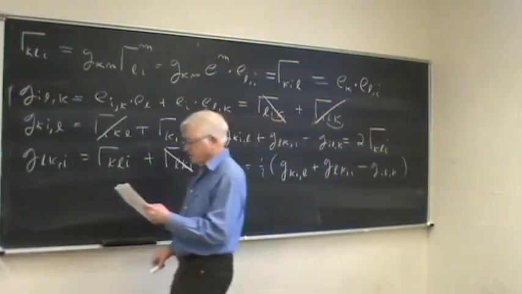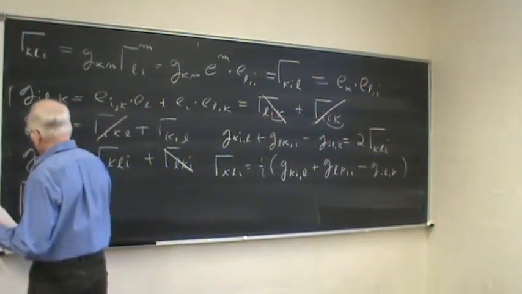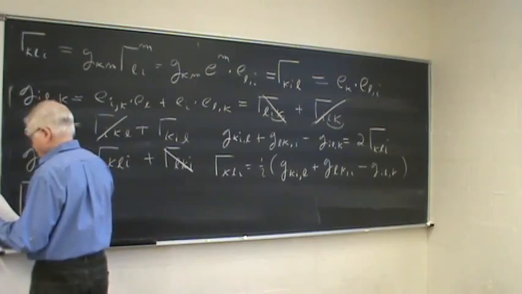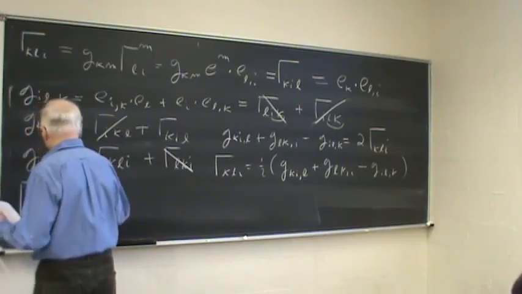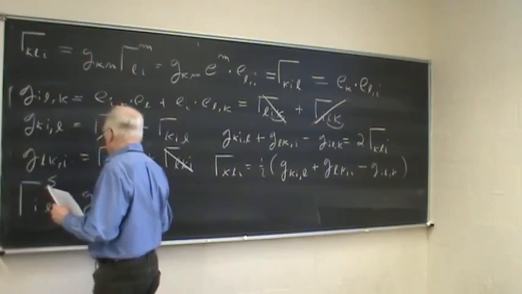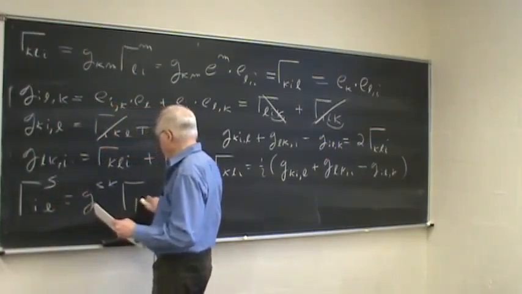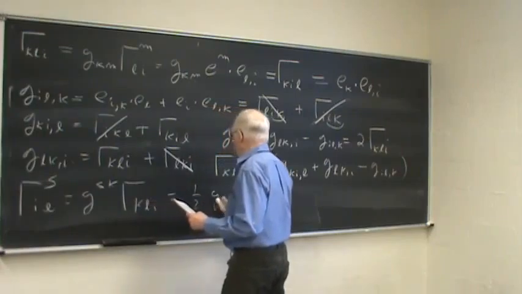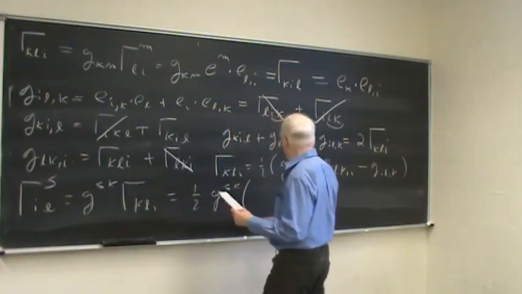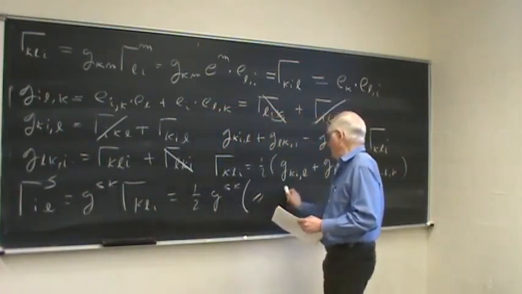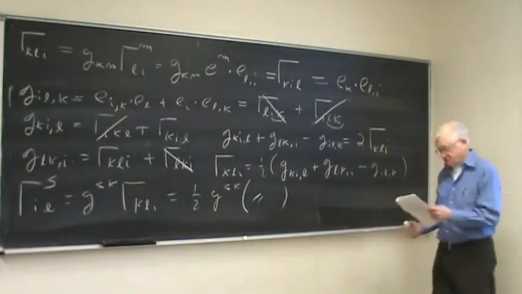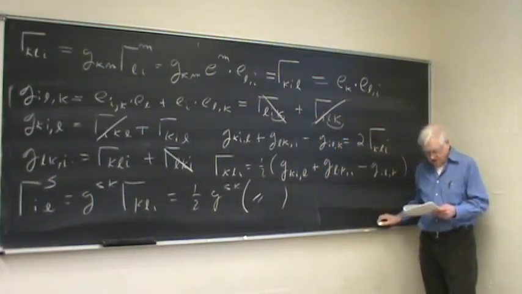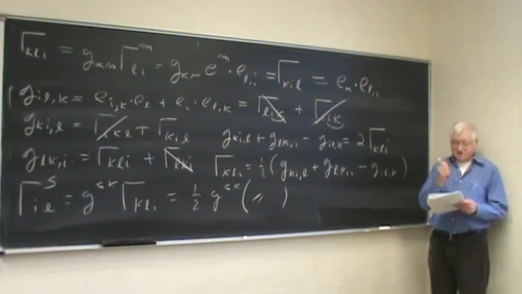And consequently, the Christoffel symbol, or the affine connection, gamma^s_{il}, which is of course g^{sk} gamma_{kli}, is equal to a half g^{sk}, and then ditto, these two terms.